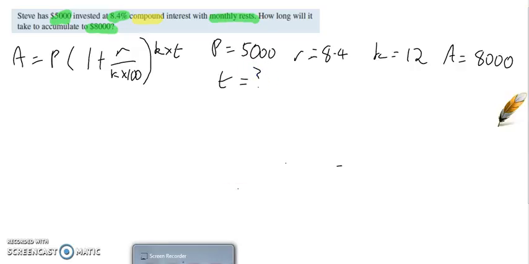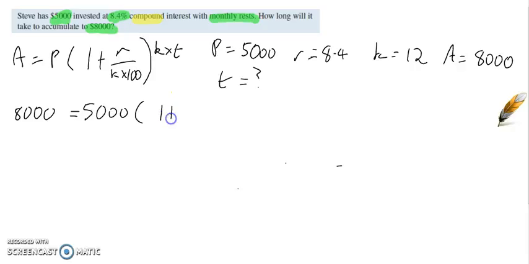So we start the same way. We fill in as much as we can. So we've got 8,000 equals 5,000 times 1 plus 8.4 over 12 times 100, to the power of 12 times t.